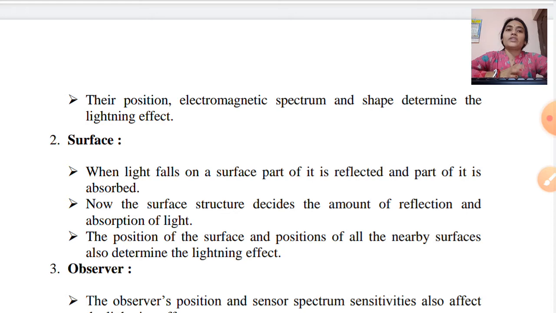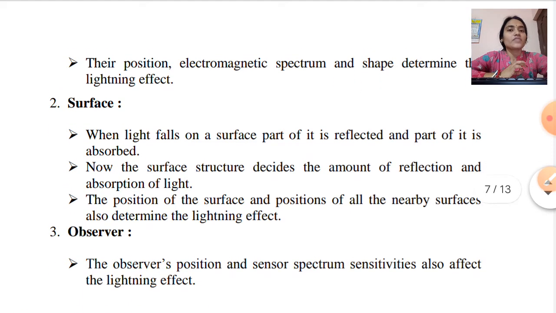The surface structure decides how much light will be reflected and how much will be absorbed. The position of the surface and the position of all the nearby surfaces also determine the lighting effect.